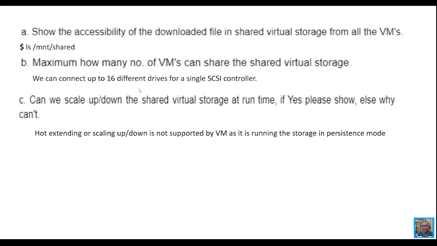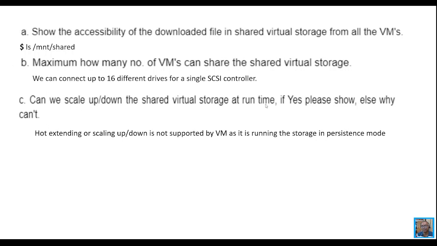So we can have as many VMs, but the SCSI controller is the limitation. The more SCSI controllers we have, the more drives we can support, as one SCSI controller can support 16 different drives.